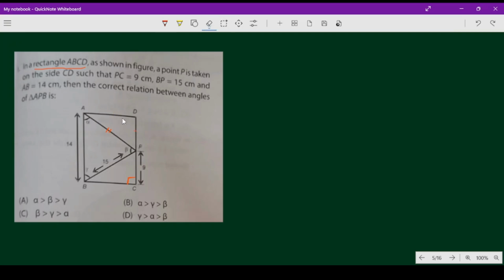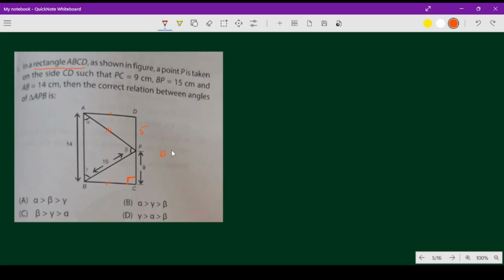As ABCD is a rectangle, whatever the BC length is, AD will be the same. And as AB and CD are both equal, AB is 14 and PC is 9, so total CD is 14 and DP is equal to 5. Now we need to find BC, and that is nothing but AD. If we use the Pythagoras theorem over here, 15 square is the hypotenuse, which is equal to the sum of BC square and PC square.